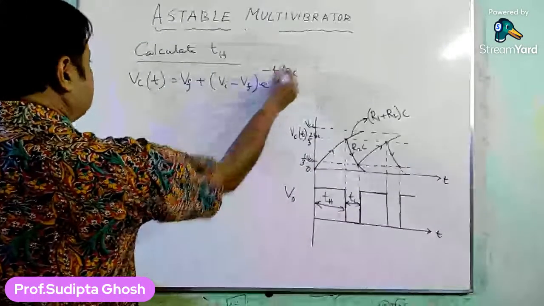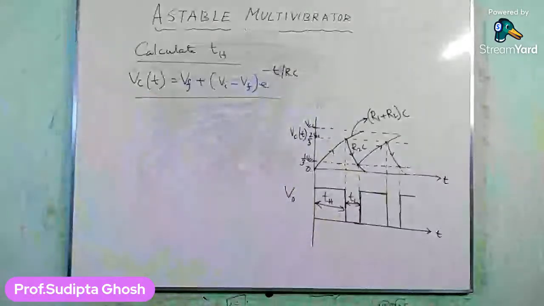This is the general expression we are going to use for the two cases. Here VI is the initial voltage of the capacitor, that is the capacitor voltage when time t equals 0, and VF is the final voltage, that is the capacitor voltage when time t equals infinity.